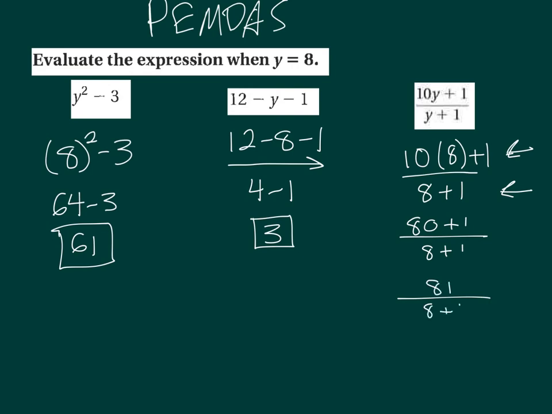I'm just doing one step at a time. Now the numerator's done. We can do the denominator, 81 over 9. And that's a fraction. We want to simplify it. I know 81 divided by 9 equals 9. So there is our final answer.